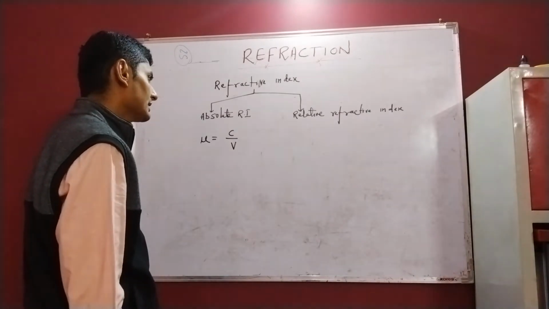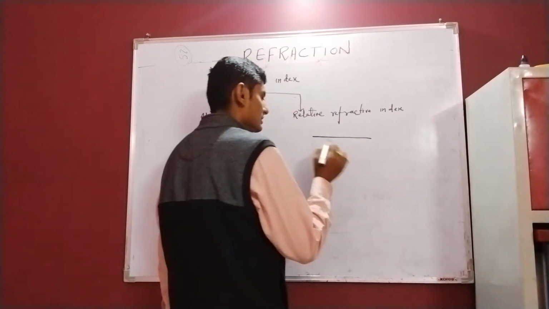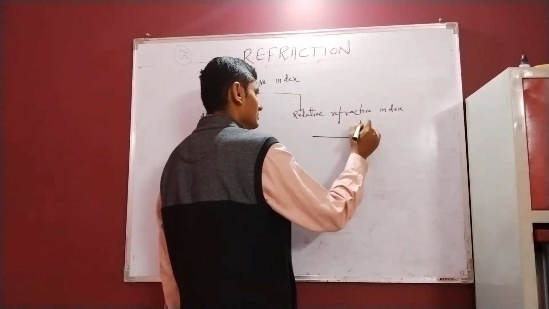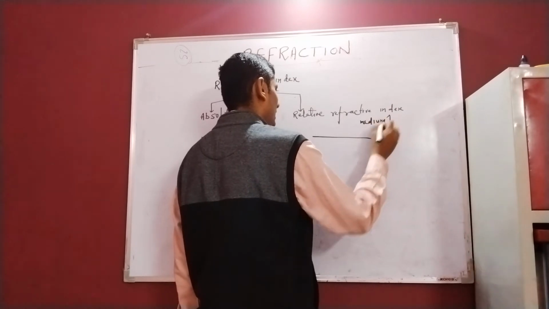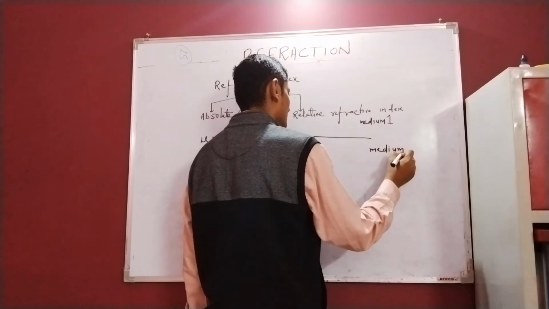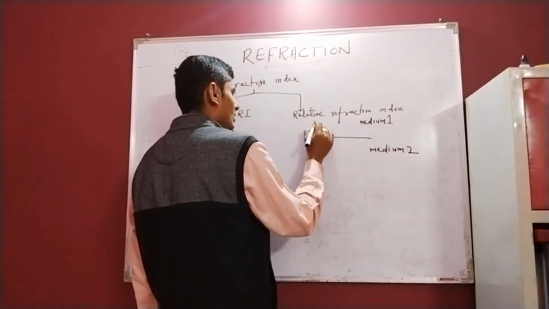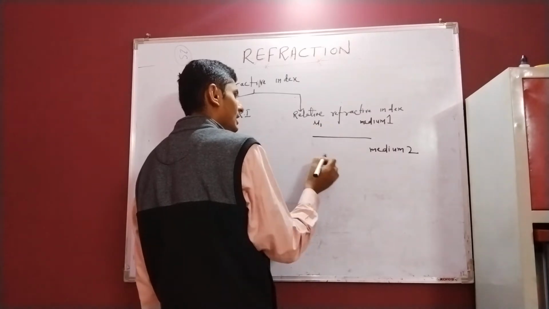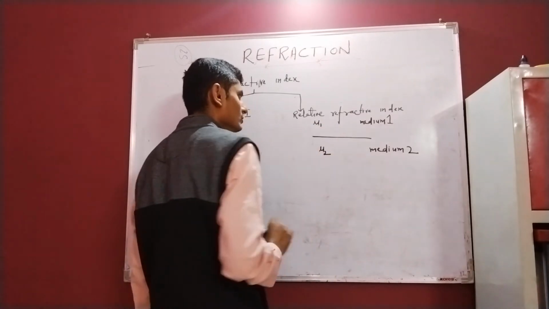But relative refractive index is defined as follows. Suppose this is medium 1 and this one is medium 2. Refractive index of medium 1 is mu1 and refractive index of medium 2 is mu2.